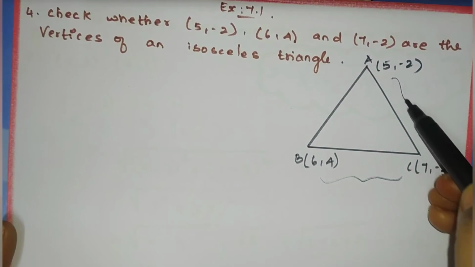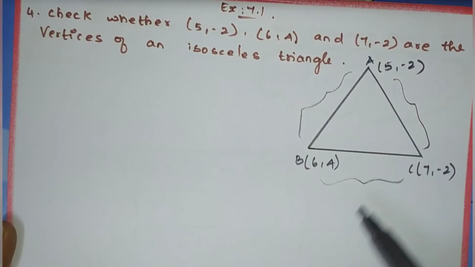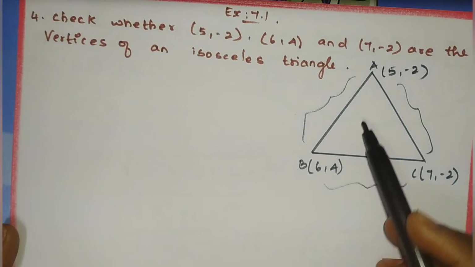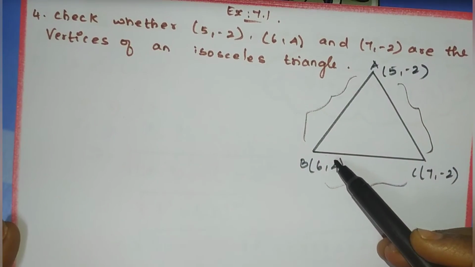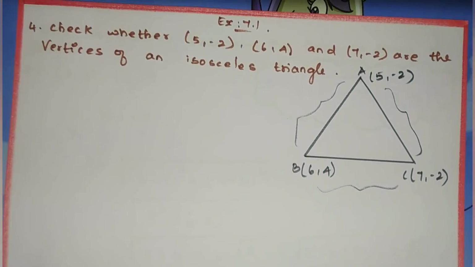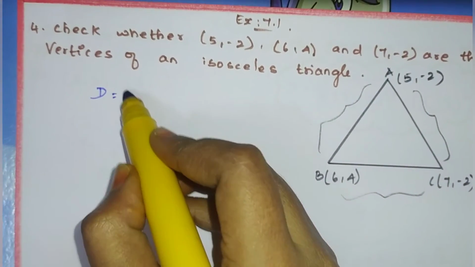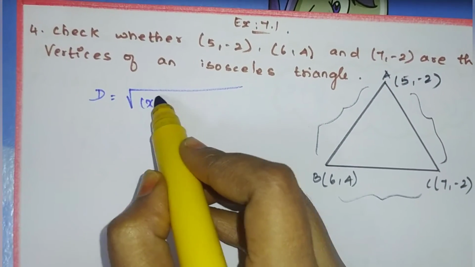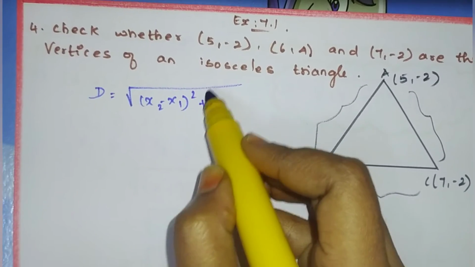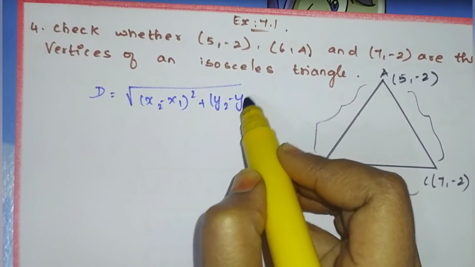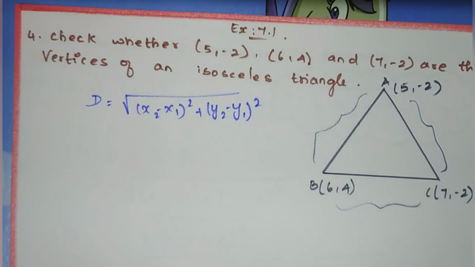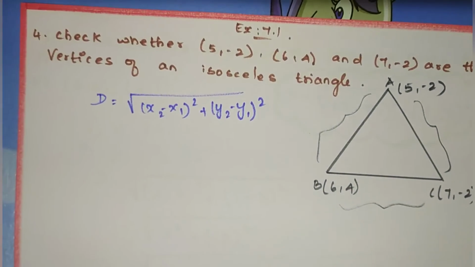How do we find the sides? By the distance formula. So first write the distance formula: D is equal to root of (x2 minus x1) the whole square plus (y2 minus y1) the whole square.